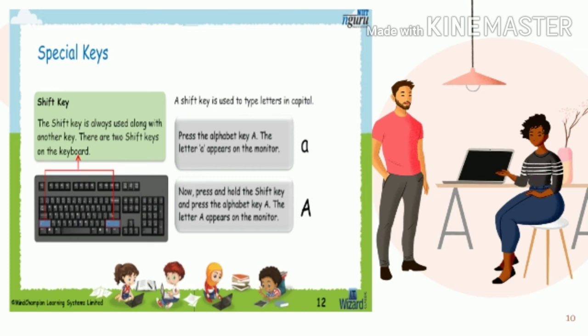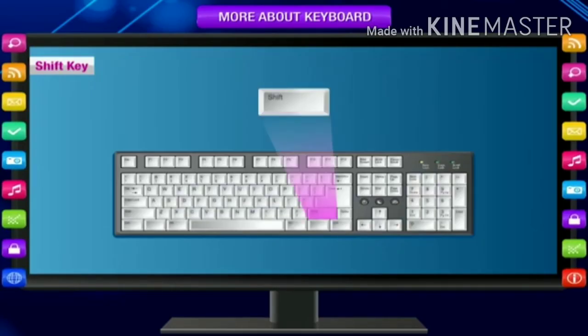Now press and hold the shift key and press the alphabet key A. So the letter A appears on the monitor. It means capital letter A will appear on the monitor. Now let's know how the shift key works. The shift key is used in combination with other keys. Any letter typed with the shift key pressed displays capital letters when caps lock is off.